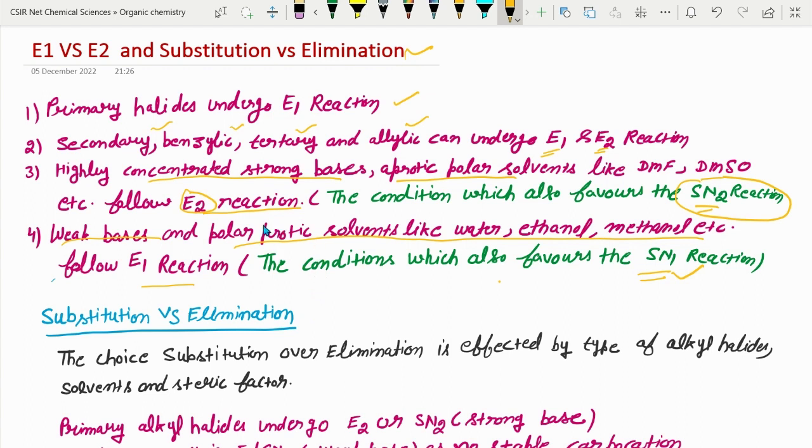Now, as we discussed, there are similar types of conditions when you are using strong base or weak base. There can be a possibility of formation of the addition product as well as the elimination product. So now we will discuss when the elimination product will be formed and when the substitution product will be formed while using these similar conditions.